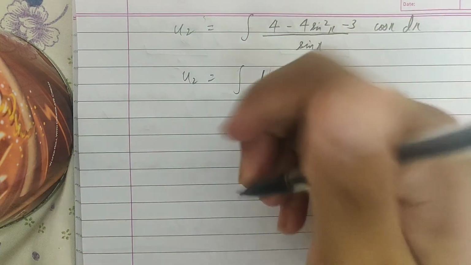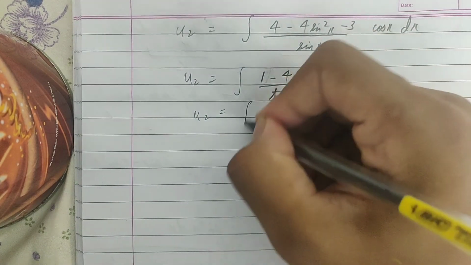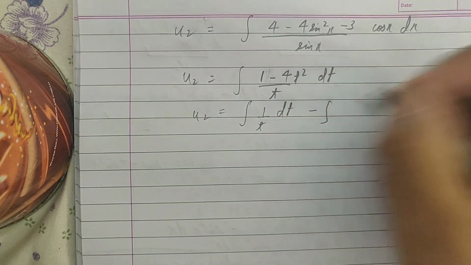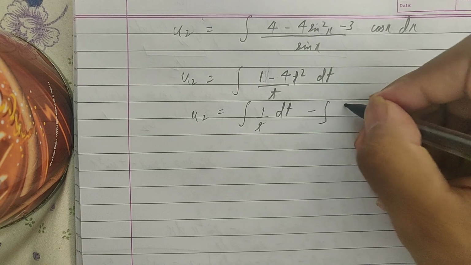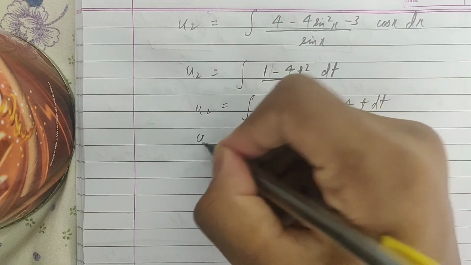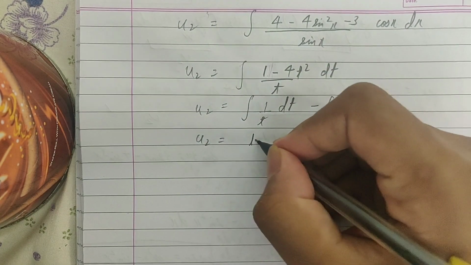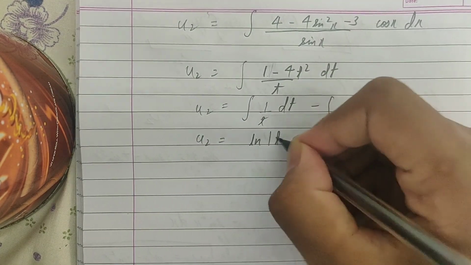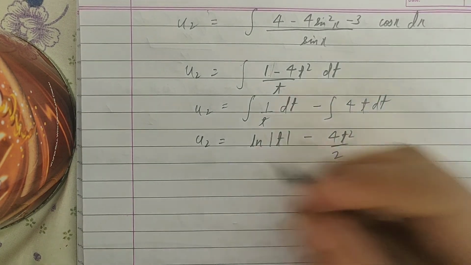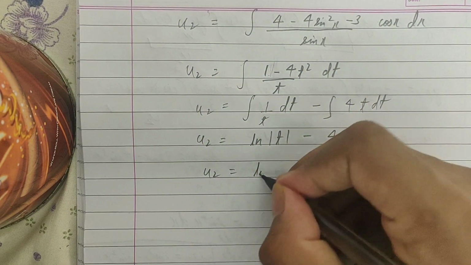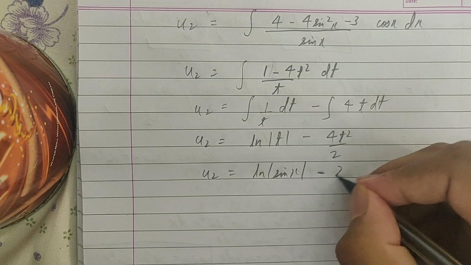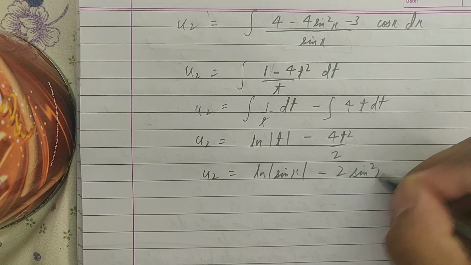So what else can we do now? Simple, we just simplify it. Integration of 1 upon t dt minus the integration of 4t dt. What can this be written as? Log t minus 4t square by 2. So u2 is equal to natural log of sin x minus 2 sine square x.